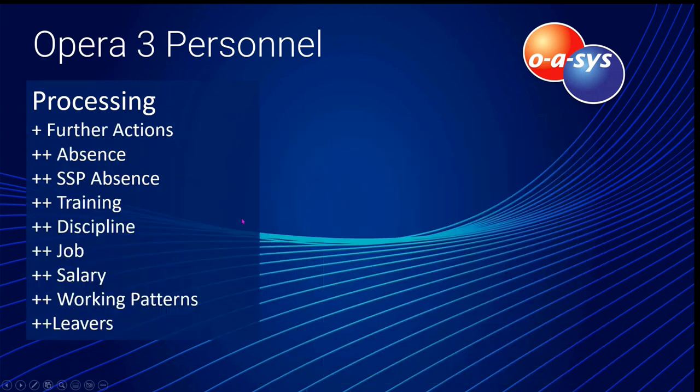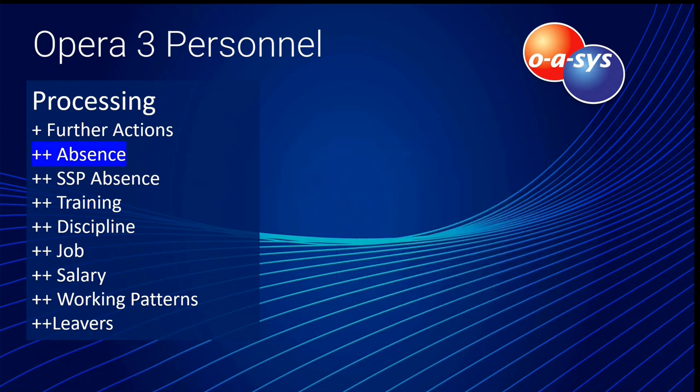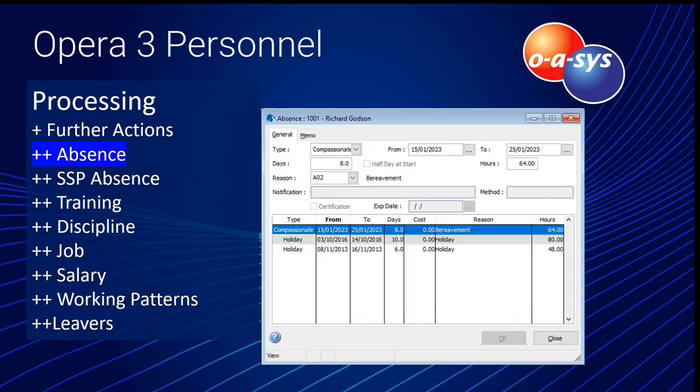So next area really is the further actions that we see within our system. So we've got the absence, the SSP absence, training, discipline, job salary, working patterns, and levers. And I'm going to briefly run through each of these areas so that you can see why you should or would be effectively using them.